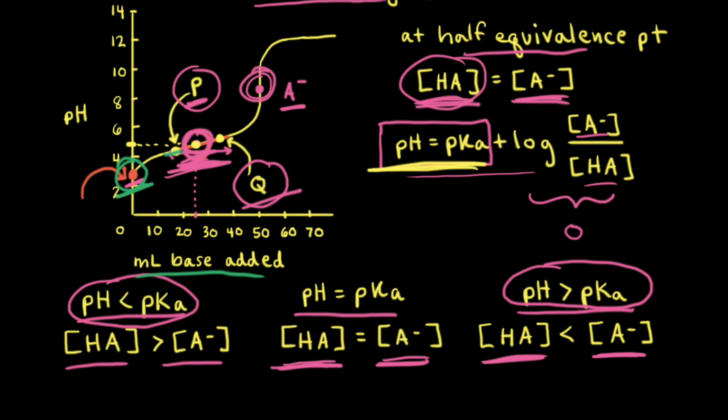So that's right about here on our titration curve, and we can see the buffer is resisting large changes to pH in this region. However, as we continue to add base, the concentrations of weak acid and conjugate base change, and eventually we no longer have a buffer solution, so the pH changes more dramatically at this point. So the buffer region, or the buffer zone, is only right around the half equivalence point on our titration curve.